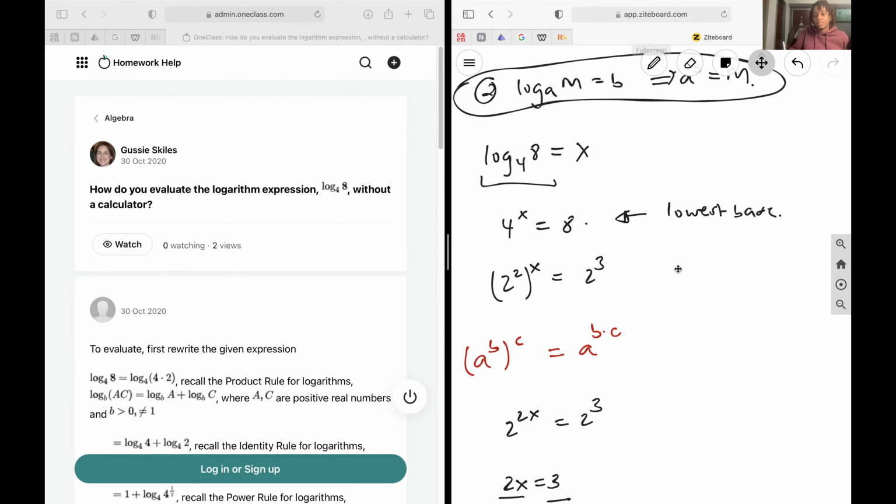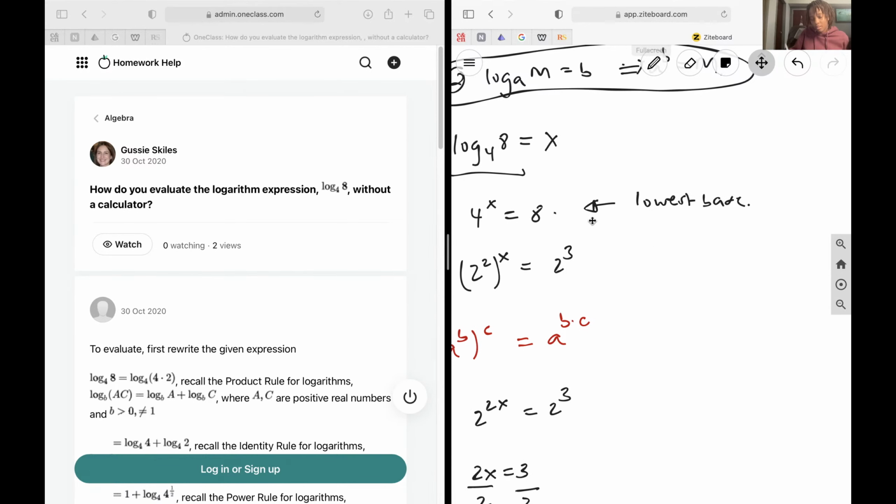There's another way to do this that isn't as straightforward. And that is by noting that 8 is... So 2 squared is equal to 4, 2 cubed is equal to 8, which means that 2 to the power of 3 over 2... actually, let's just forget about this method.